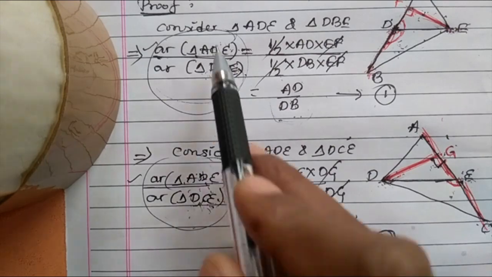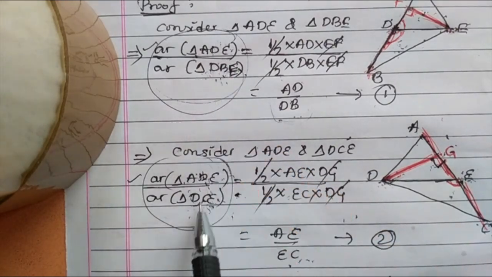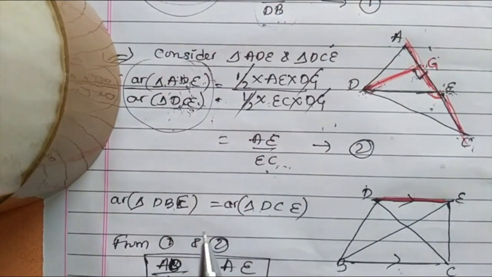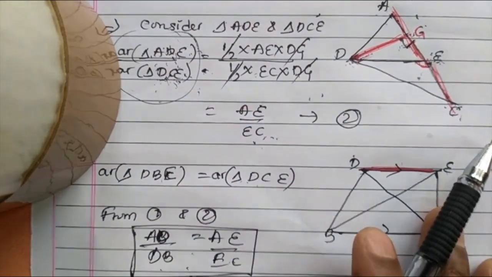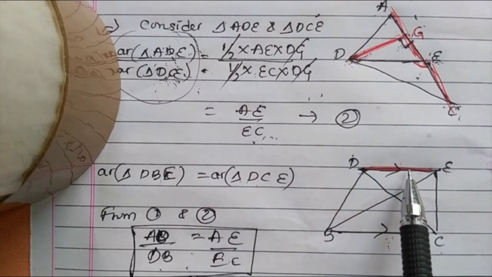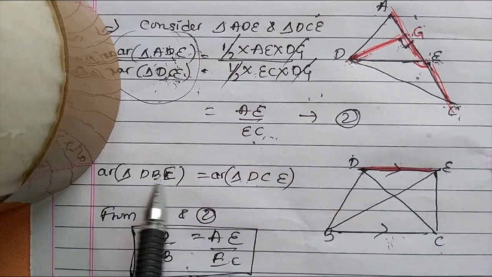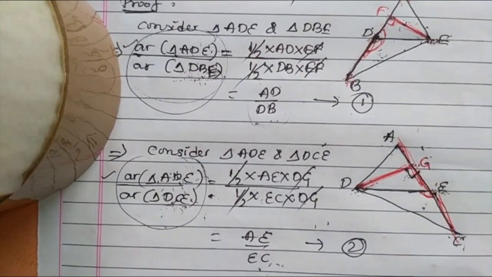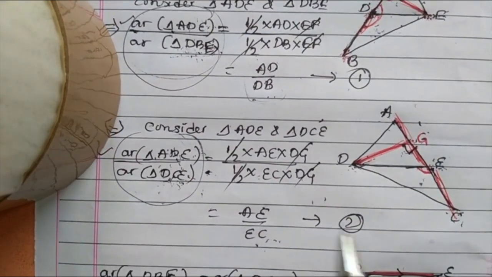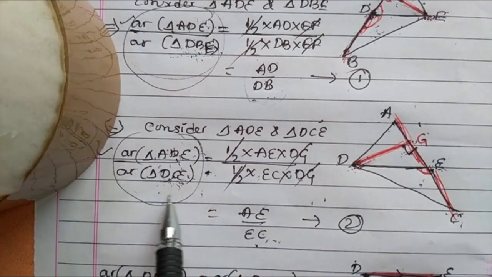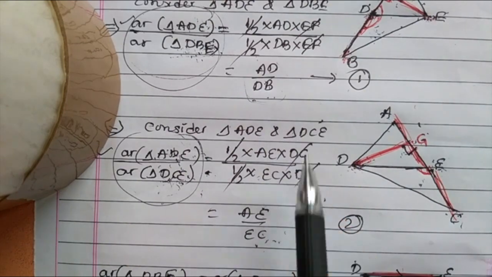In ADE, both the numerators are the same, but the denominators were different. Of course, both are equal, the reason being both triangles are standing on the same base and between the same parallels. On that basis, these two triangles are equal. Finally, we can say equation 1 and equation 2 are equal, as LHS are equal, so RHS are also equal.